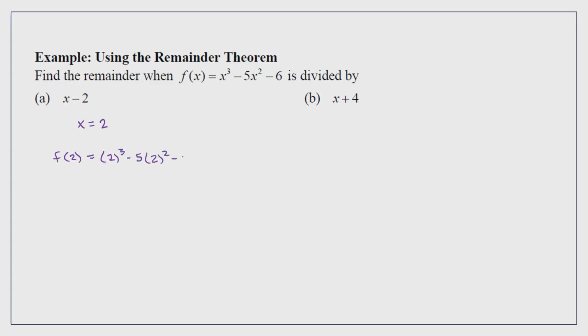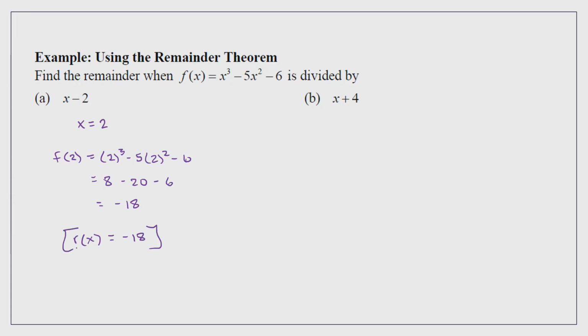Wherever I see an x, I'm substituting in 2. So I would have 8 minus 20 minus 6, and that gets me negative 18. Okay? So my remainder is negative 18.